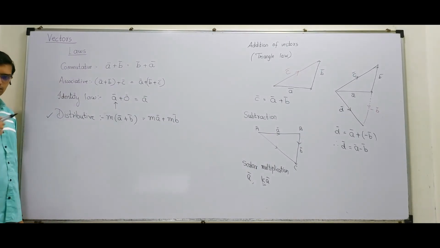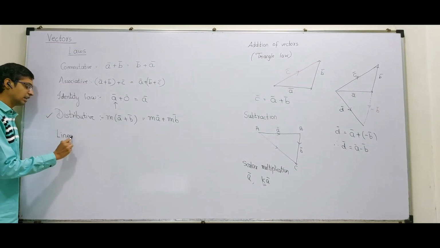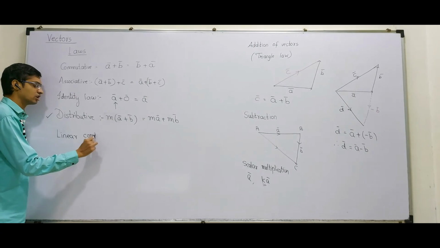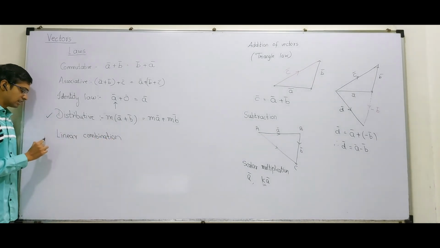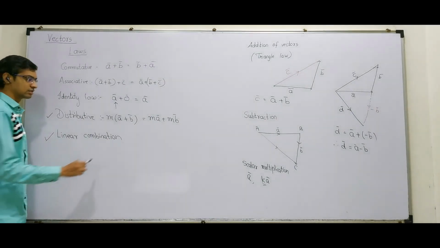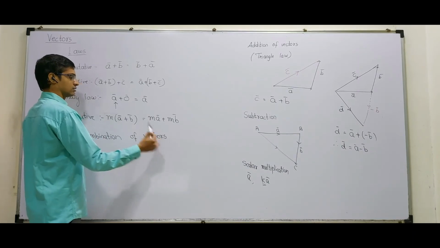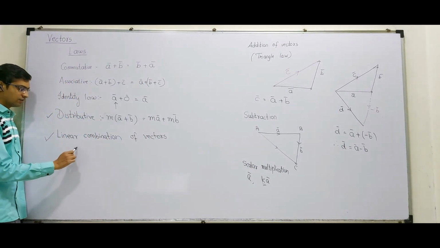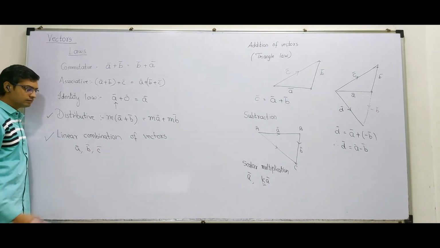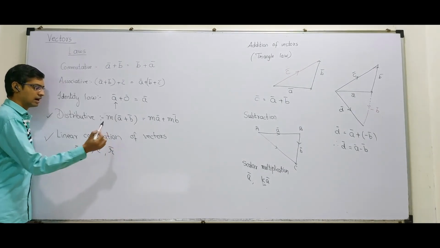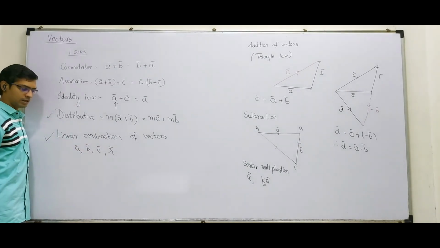Okay? Now, the next very important law is linear combination of vectors. 100% sure that one sum definitely comes from this. Suppose I have four vectors A bar, B bar, C bar, and R bar.